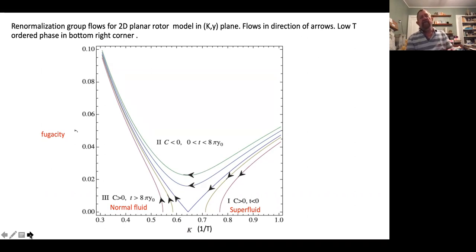Then we have region 2, the region in the center of the picture, which corresponds to C negative, and T minus TC over TC positive but less than 8 pi y naught. And then region 3 corresponds to the integration constant C positive, and this little t larger than this quantity 8 pi y naught. Both of those regions, region 2 and 3, correspond to temperatures above TC.